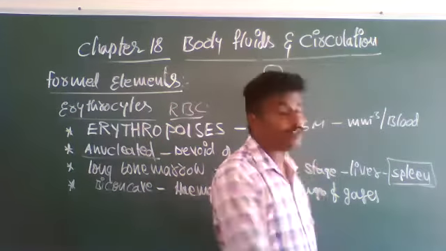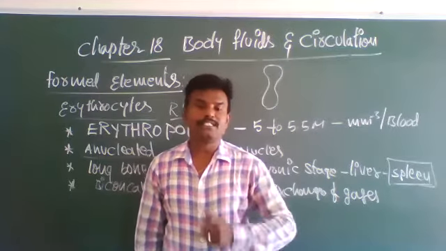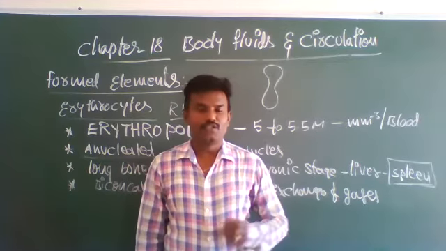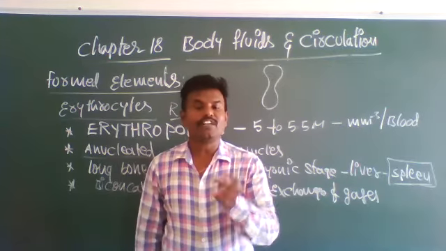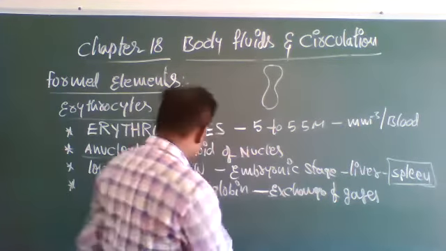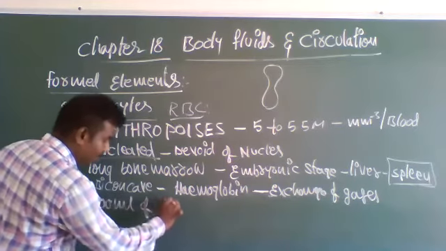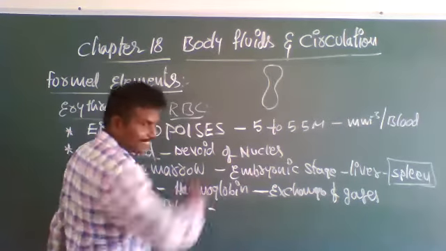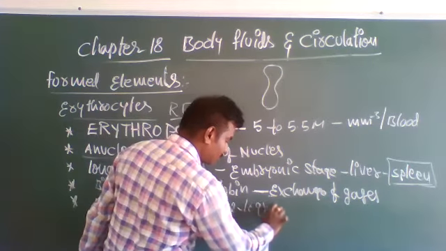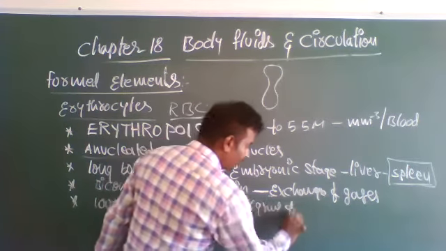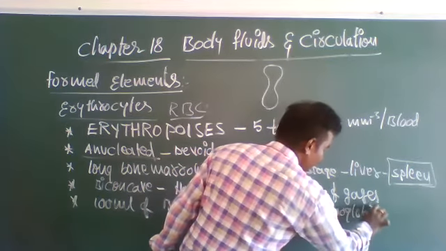In adult healthy human beings, every 100 ml of blood contains 12 to 16 grams of hemoglobin.